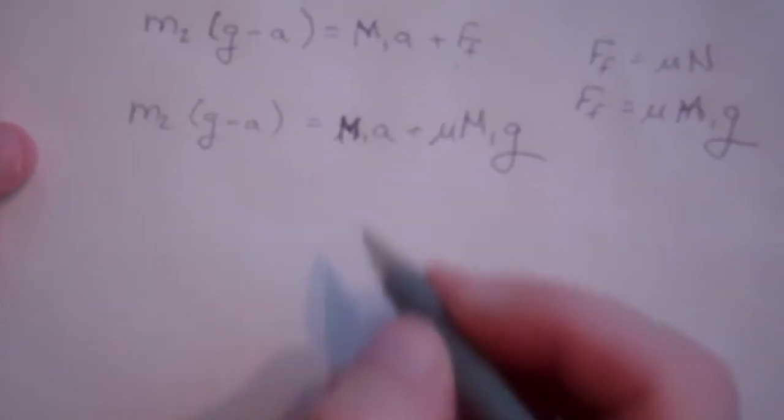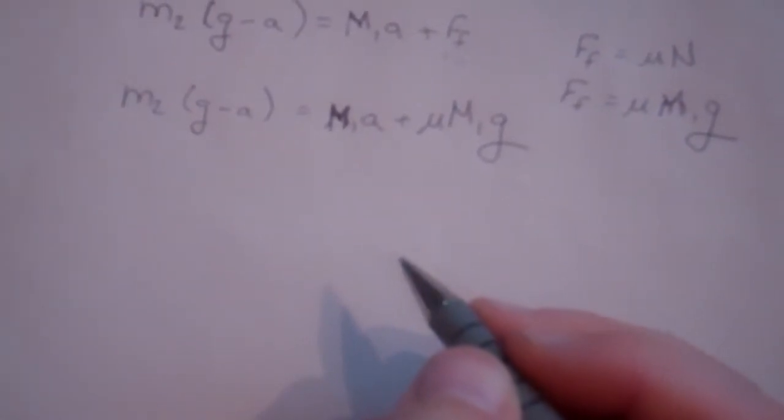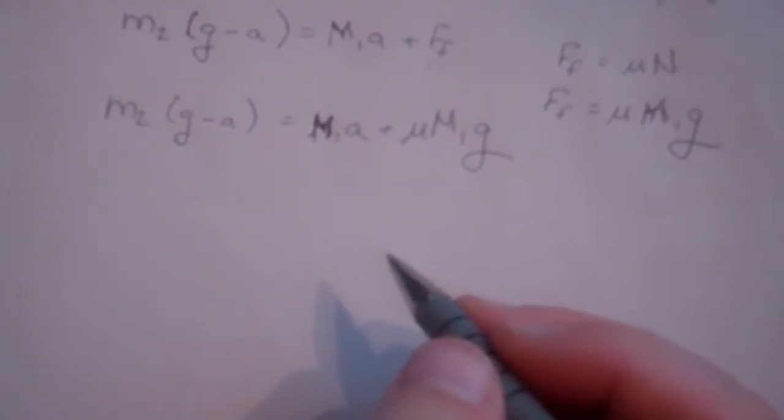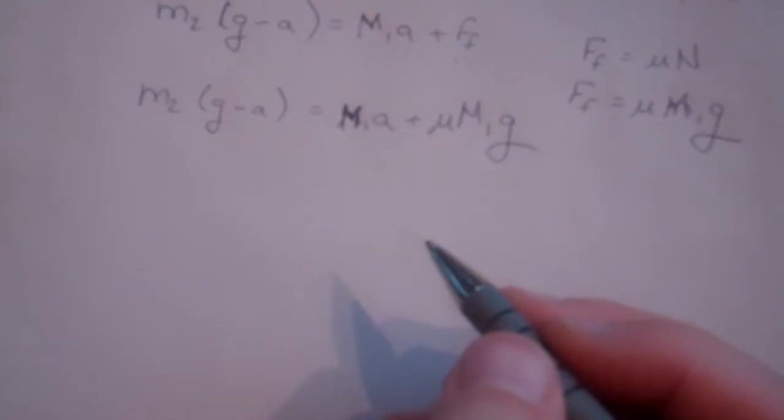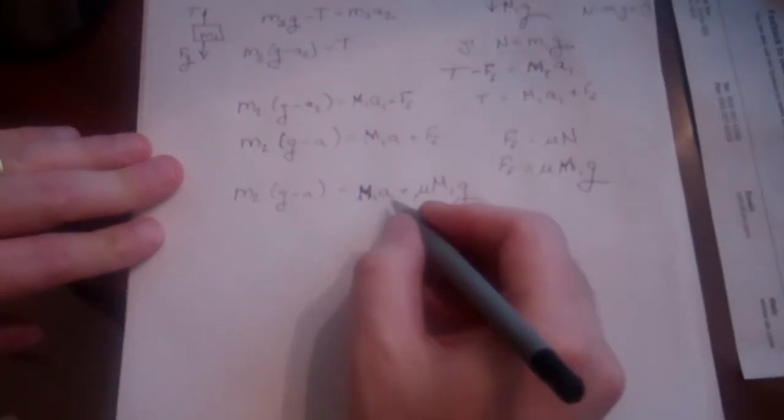Okay, now in your pre-lab you have to solve this for acceleration. So I'm not going to do that because in the lab you need to solve it for M1, which is the equivalent of M star in your lab. So let's solve it for M1.